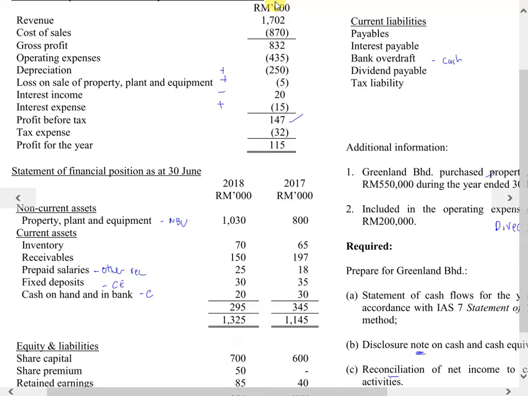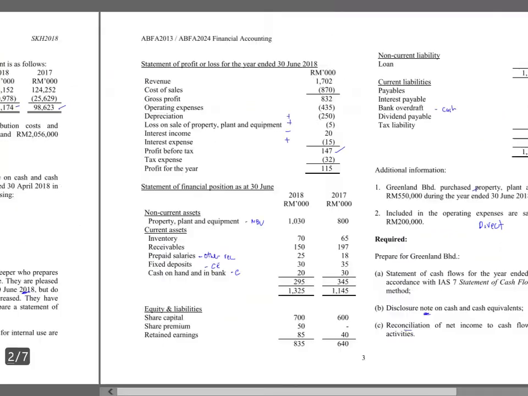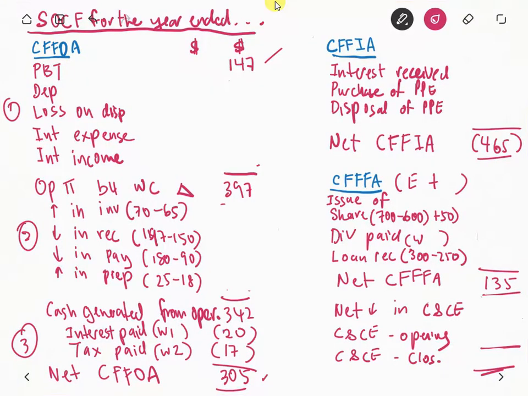Let's adjust now. Depreciation is 250, plus. Loss on disposal, 5. Interest expenses we add back 15. Interest income 20, we take away 20.